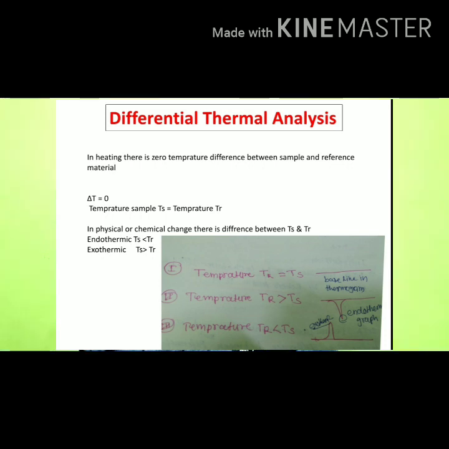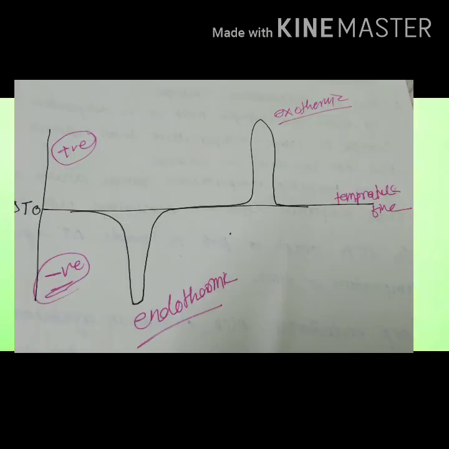There are two types of reaction, endothermic change and exothermic change. When a sample melts or dehydrates, the sample is at a lower temperature than the reference material due to the reaction or change.